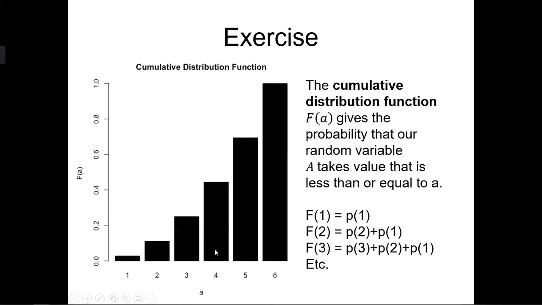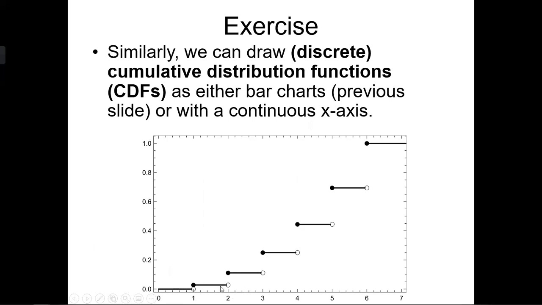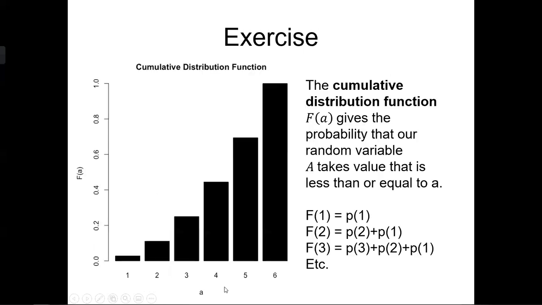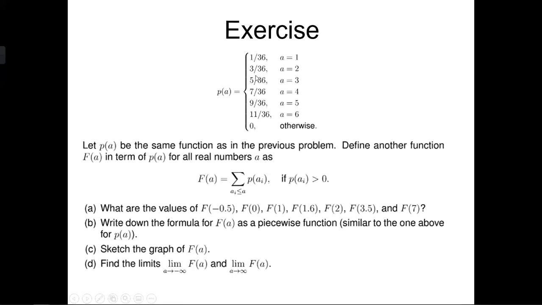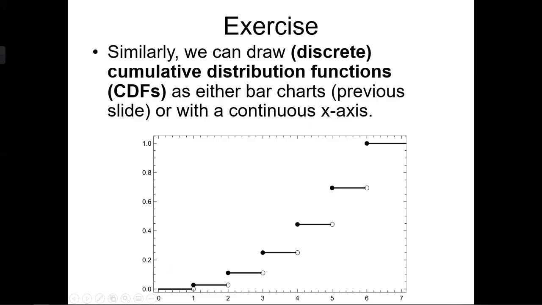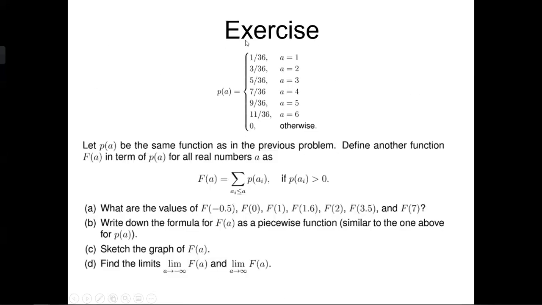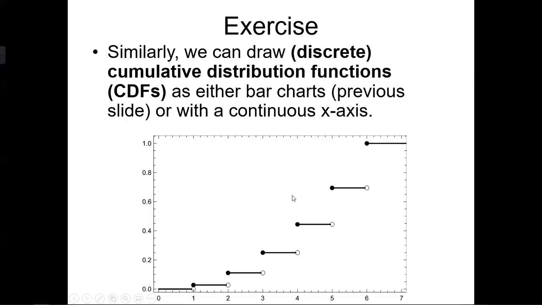But between 1 and 2, it changes, right? Between 1 and 2, it's the sum of these two. Then between 2 and 3, it is the sum of these 3. Similarly, 4, 5, and so on. And I see that it touches 1.